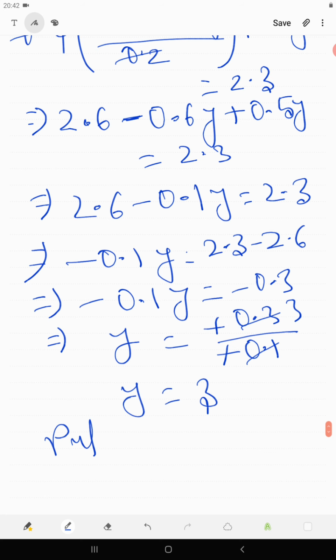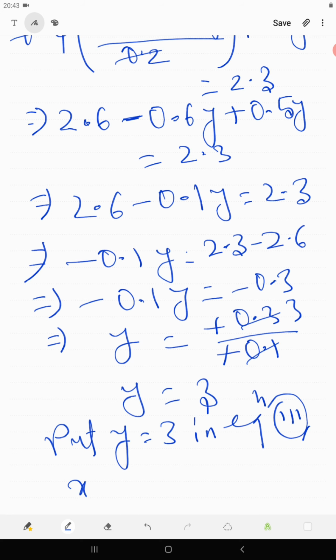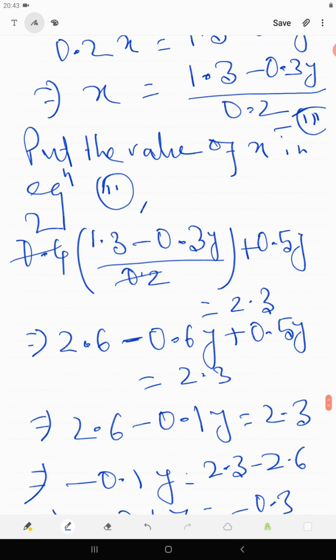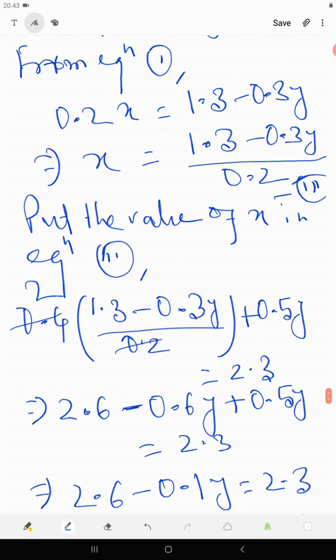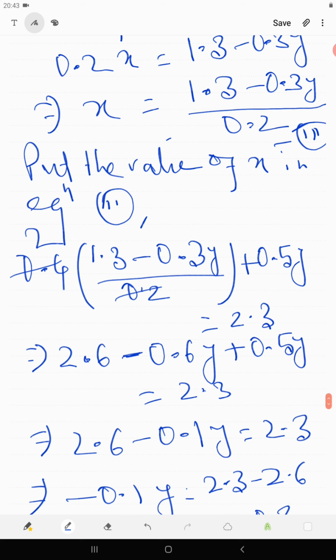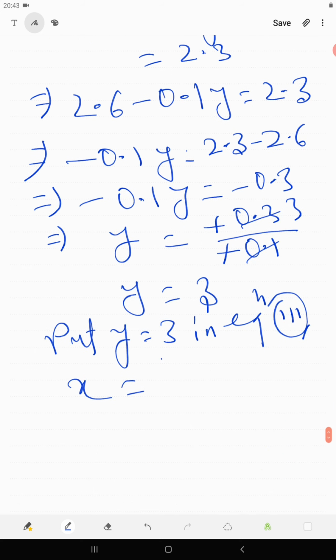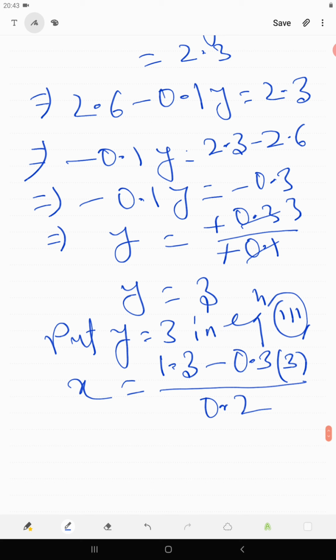Now put y equals to 3 in equation 3. So what we will get? x equals to 1.3 minus 0.3y, correct? So 1.3 minus 0.3 into 3 divided by 0.2.